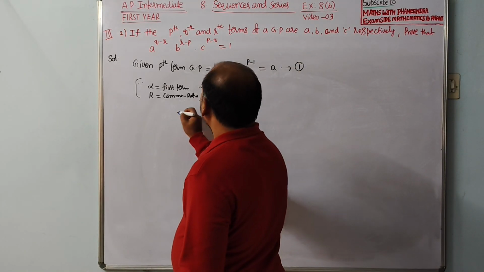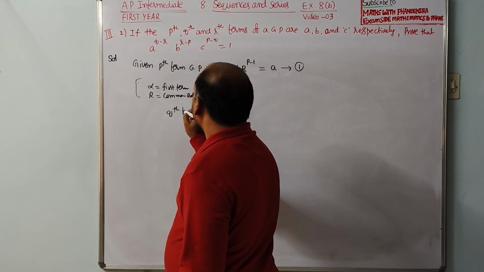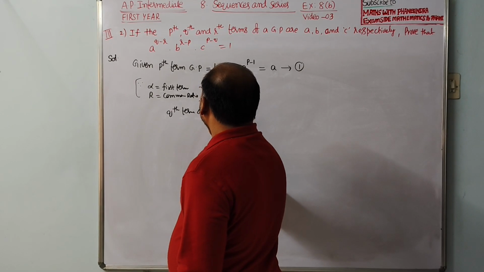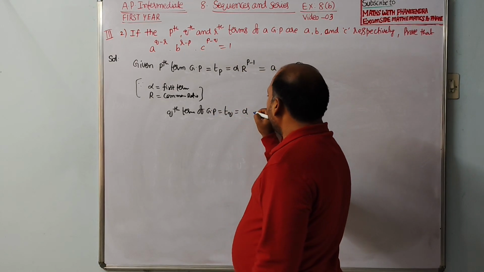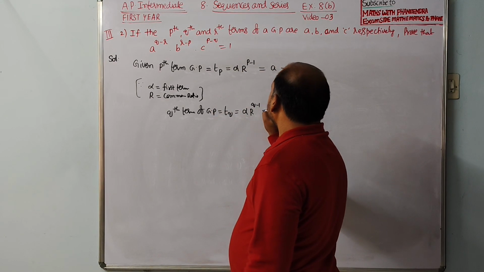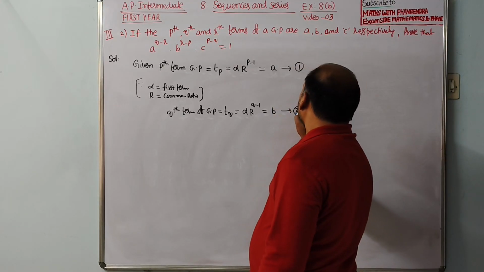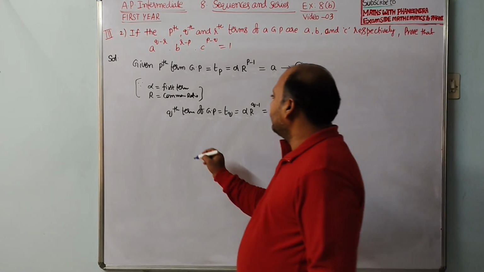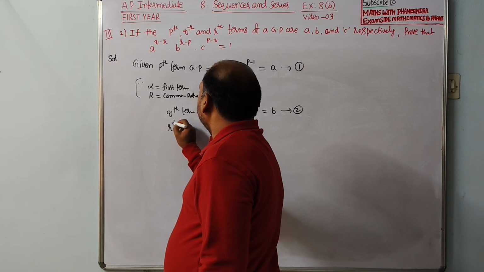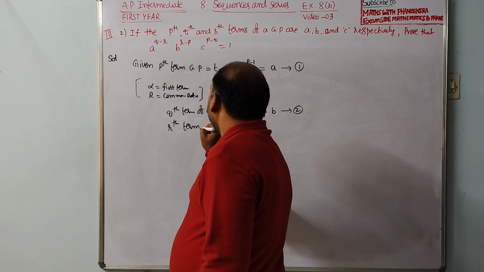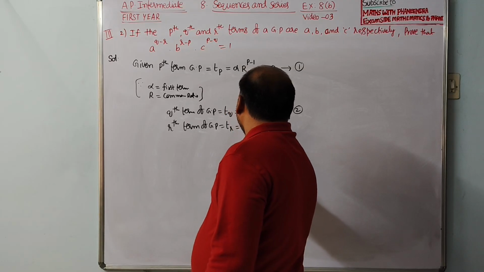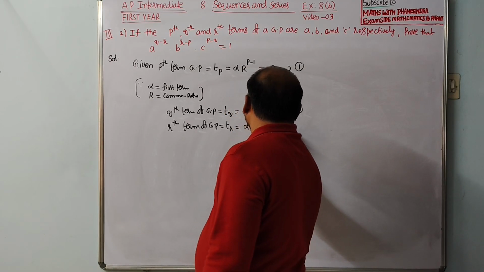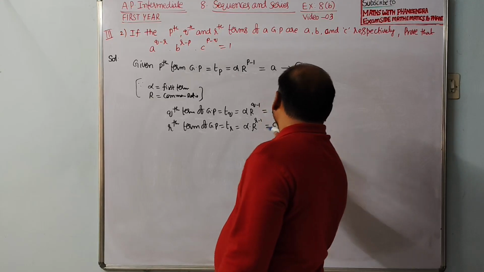Next, qth term of GP, Tq, alpha into R power q minus 1, that is equal to b. Okay. Next, rth term of GP, Tr, is alpha into capital R power r minus 1, that is equal to c.